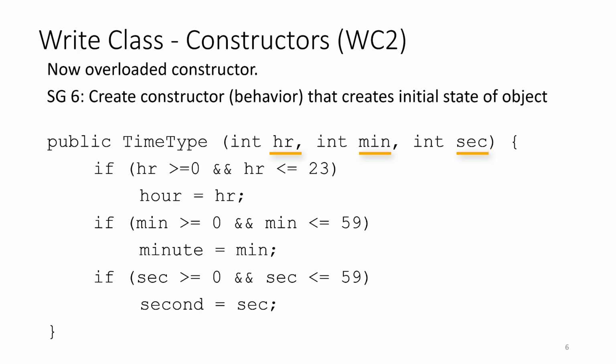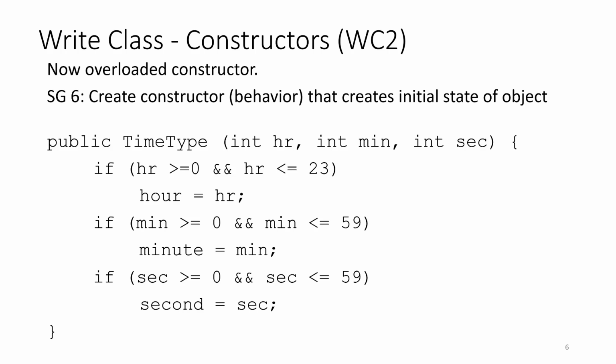Notice that the names of the parameters in the parameter list are different than the names of the instance attributes. The instance attributes were hour all spelled out, minute all spelled out, and second all spelled out. We've created different names for the parameter list to make them distinguishable from the attributes.